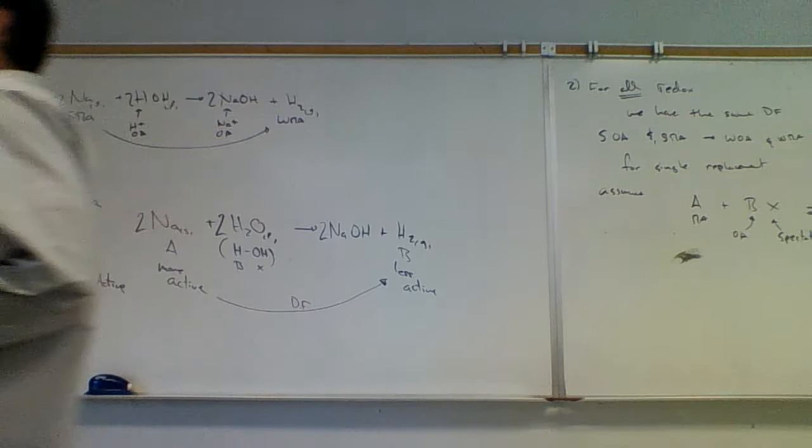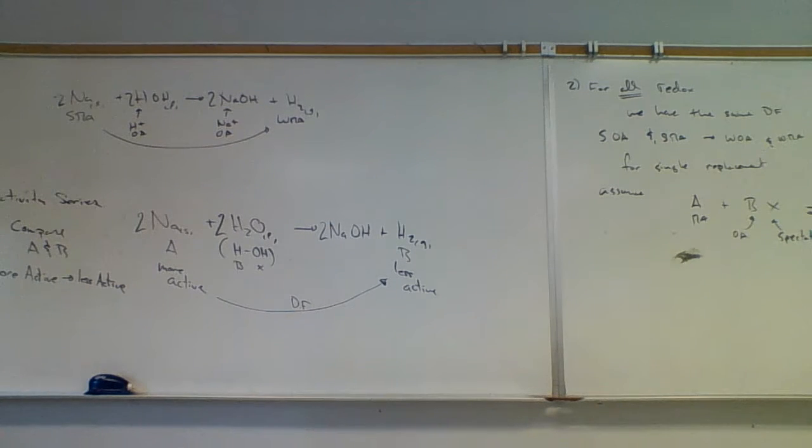But all you need is one half because of the conjugate relationship. If the oxidizing agents follow, then the reducing agents must follow. If the reducing agents follow, then the oxidizing agents must follow. And so they have to go hand in hand. And so you only need to look at one, either the reducing agents or the oxidizing agents. And in the activity series, they figured the easiest is just to look at the reducing agent. But in general, it's easier to look at the oxidizing agent for general redox.